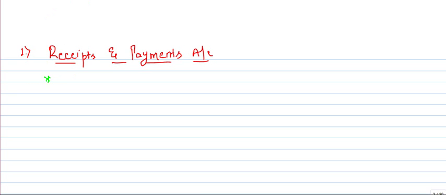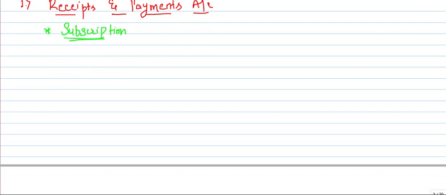So we are going to start with receipts and payments, right? Now, before I start with receipts and payments account, one important term that you need to understand, that is subscription. Now, if we talk about a non-profit organization, like I told you, it is a group of people.